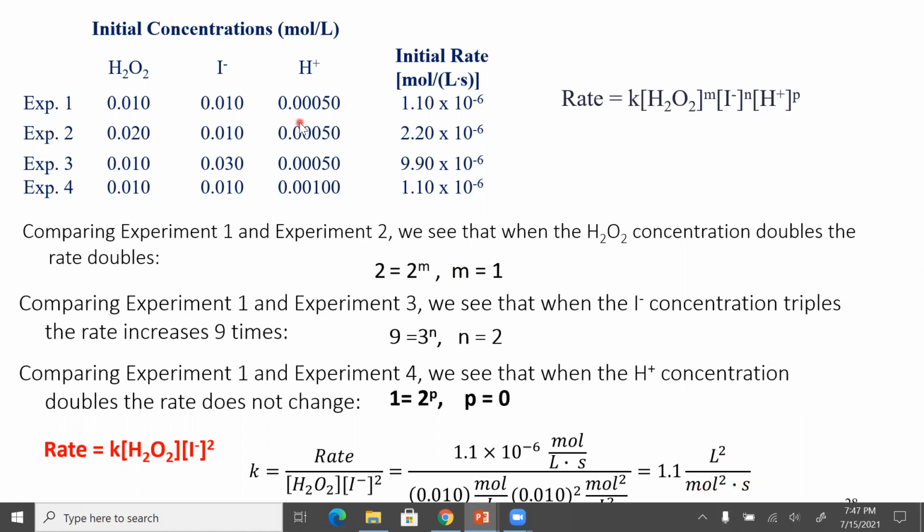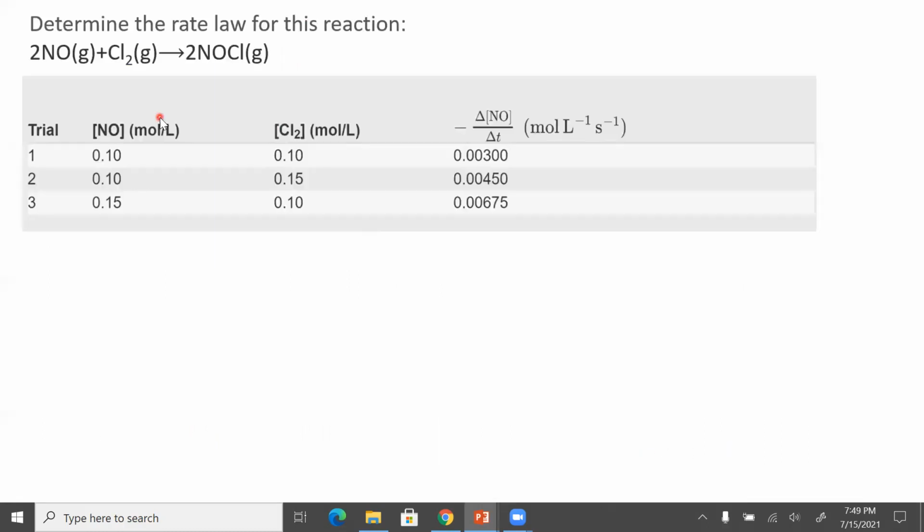So whenever I'm asked to figure out a rate law, I'd have to be given data to do that. I'd want to figure out what order each of the reactants are, write my rate expression, and then solve for K, number and unit.